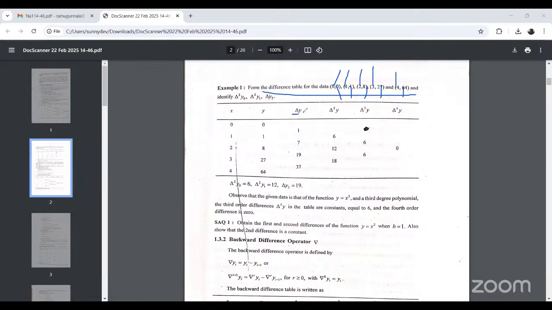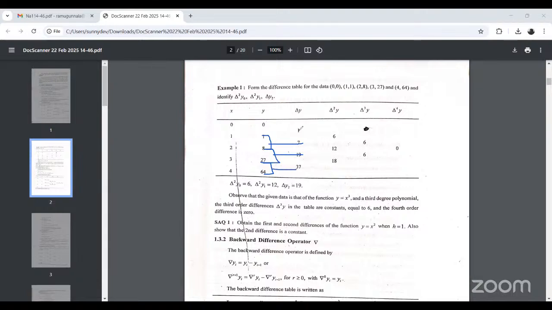So first delta y. The difference 1 minus 0 equals 1. Next, 8 minus 1 is 7. Next, 27 minus 8 is 19. And 64 minus 27 is 37.